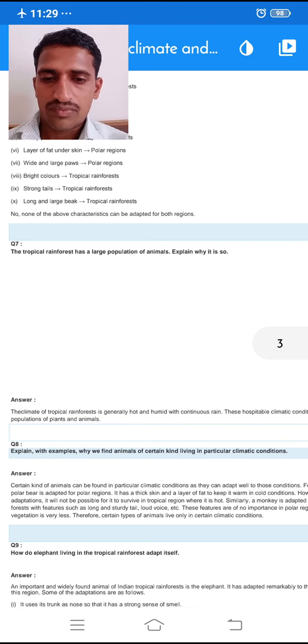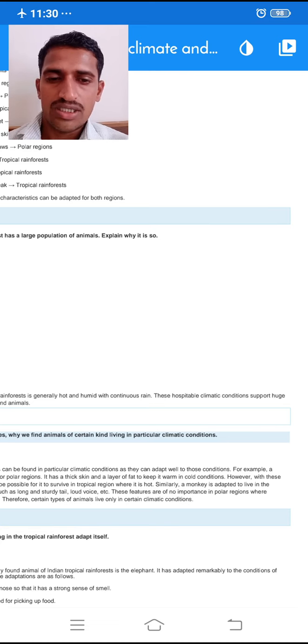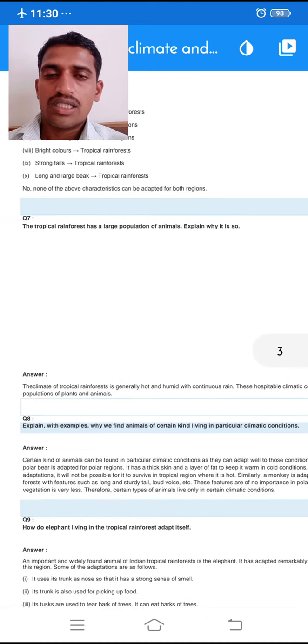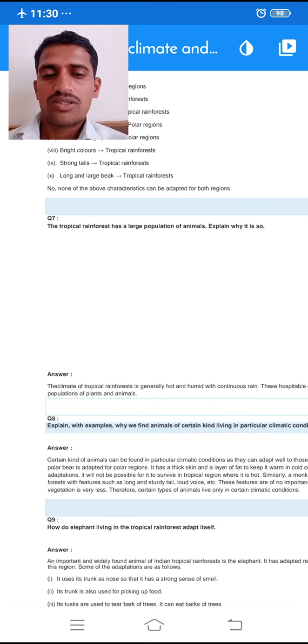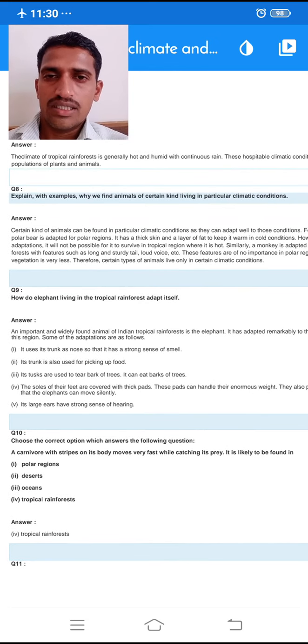Hence the tropical rainforest is generally very hot and humid, with continuous rainfall. So these hospitable climatic conditions support a huge number of animals and plants to survive in this region. That's why more plants and animals live in the tropical regions than the polar regions. Is it understood? Yes.